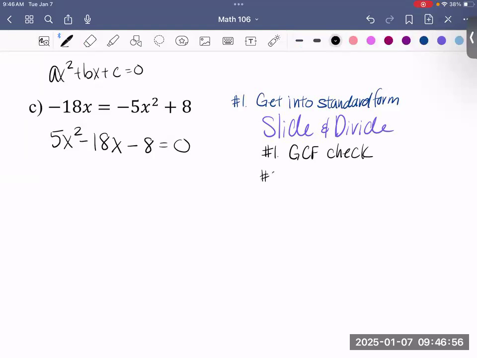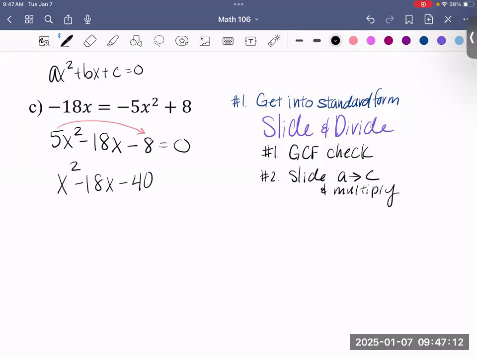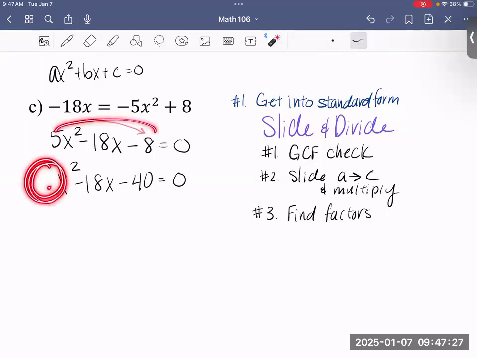So step 2, we're going to slide A to C and multiply. Sounds familiar, right? So slide A to C and multiply. x squared minus 18x minus 40 is equal to 0. So now step 3, find factors of your C. And you'll notice that when you slide, you no longer have to represent the 5.